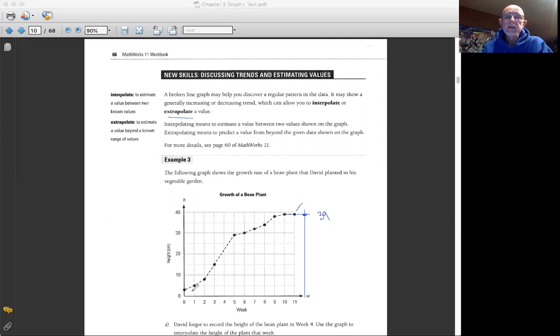Some graphs will end and they'll say, what was it at day 0? So for example, say this data point down here didn't exist, and they said, what do you think the data point was for day 0 based on this graph?